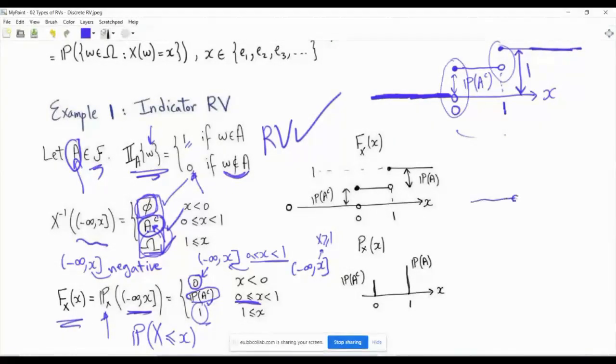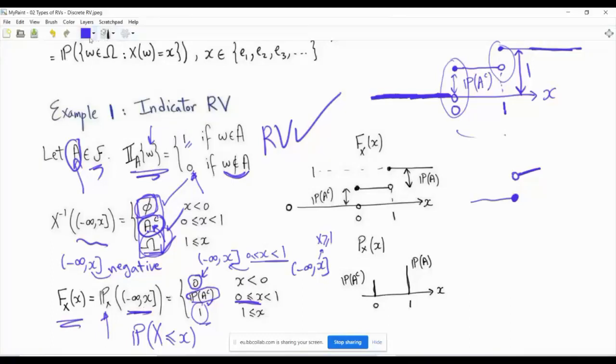If you see a function that looks like this at a jump, this is not right continuous, this is a left continuous function, and it is not a CDF. A CDF may not be continuous, but it must be right continuous, and as you can see, it is a monotonically non-decreasing function. It can remain flat, it can increase, but it never goes down. So this is the CDF of this random variable.